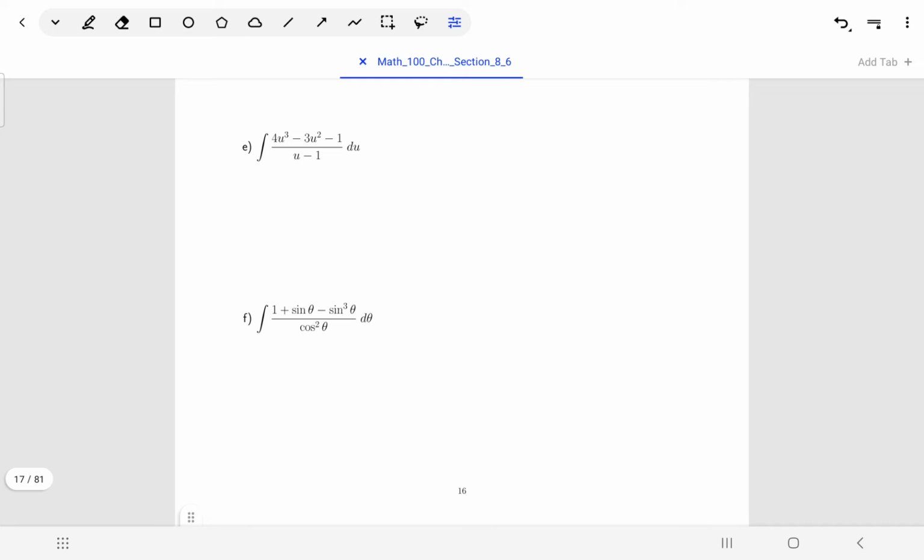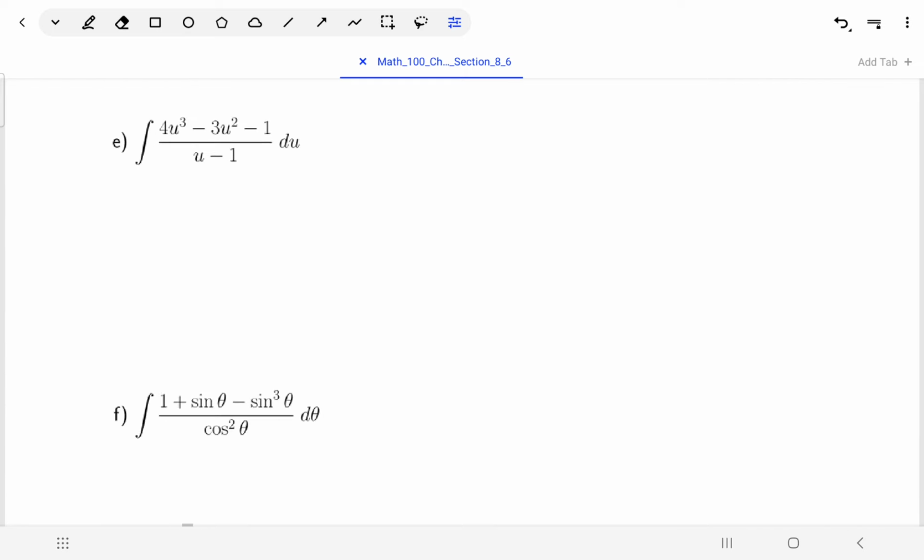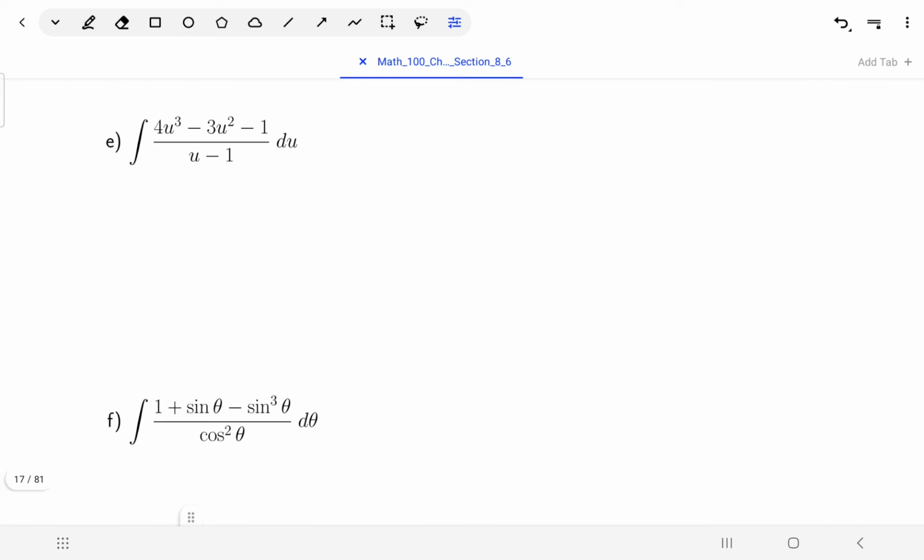Okay, so let's do some more stuff here. And right away I can see that I've got a quotient, which is kind of a problem. If the denominator was just u, then I would be in a simpler situation like I was before with the second example, and I could just divide everybody individually by u, and that's easy enough to do.